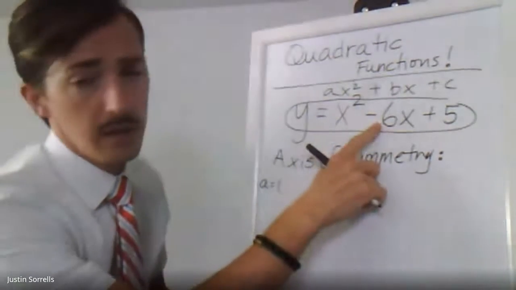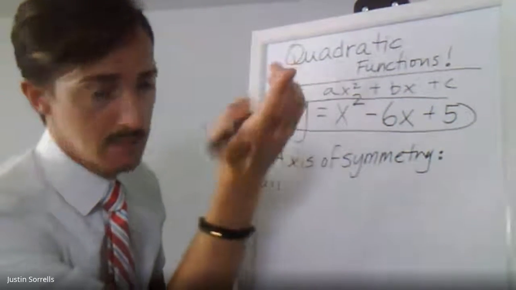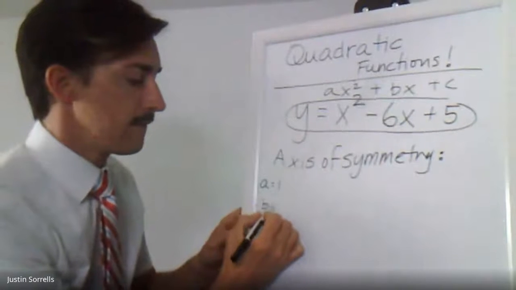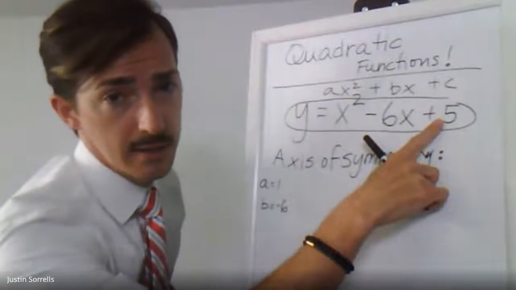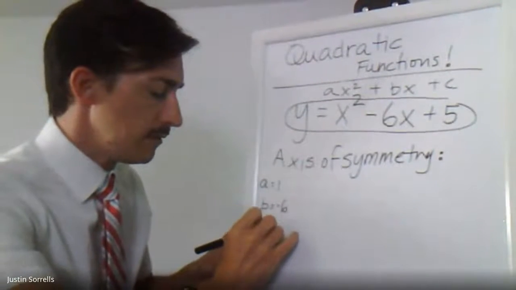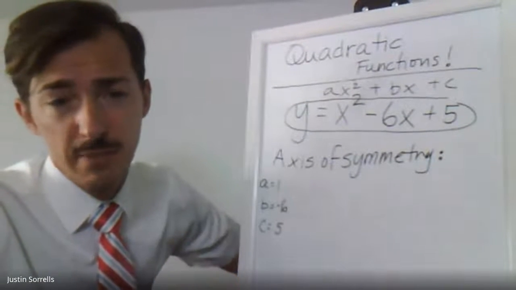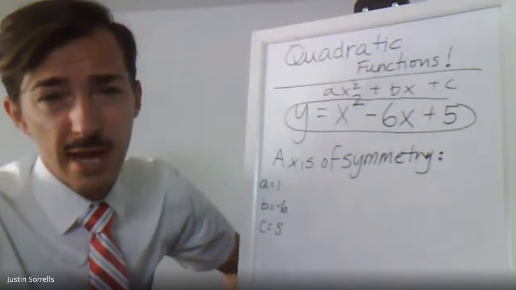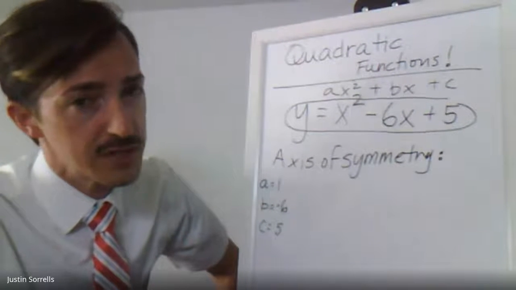And then our b value is in front of our x term, so b equals negative 6, right? And our c value is that constant. So at the end, it equals 5. Again, if you have questions about where we are right now, just go ahead and type the question in the chat box or ask me to pause for just a moment, okay?